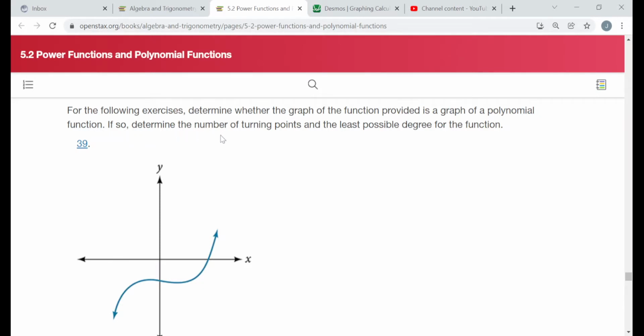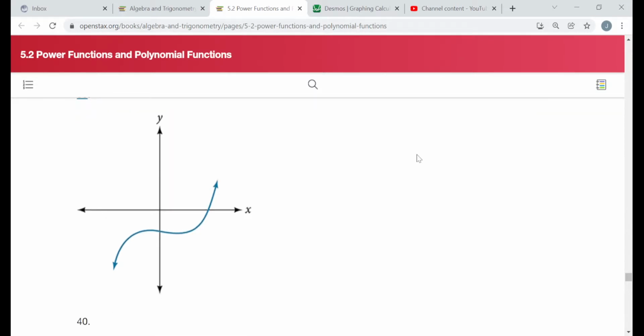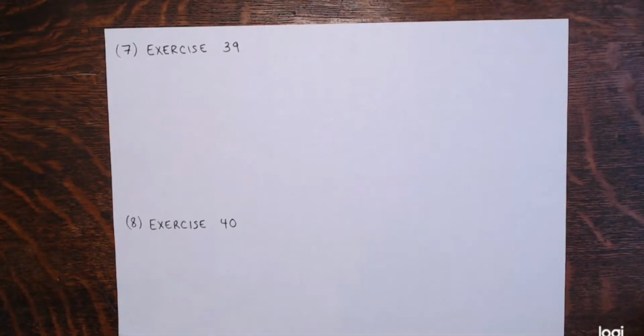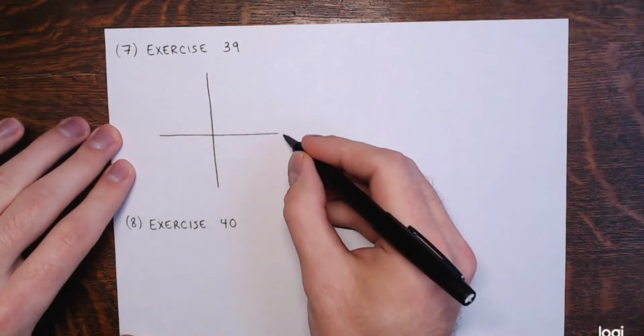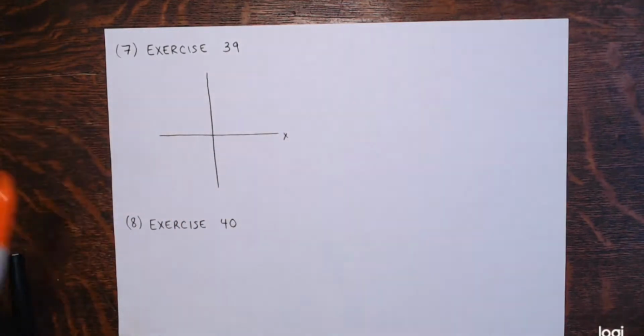If so, determine the number of turning points and the least possible degree for the function. So 39, again, I'll draw a rough sketch of this. It's doing this.